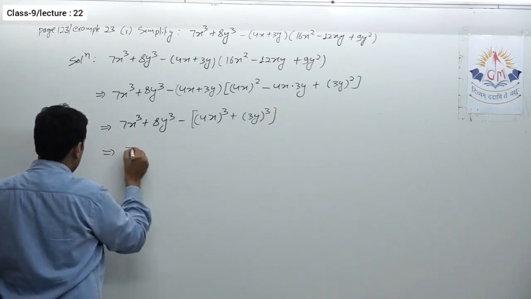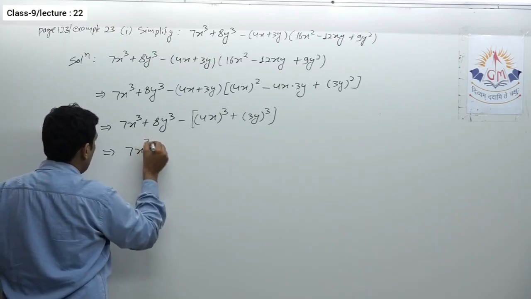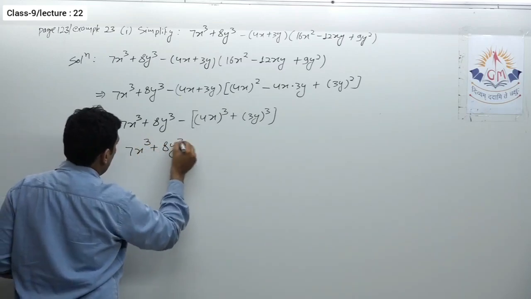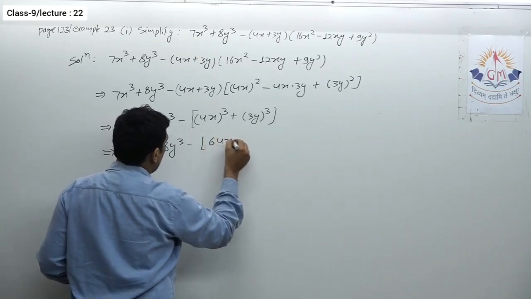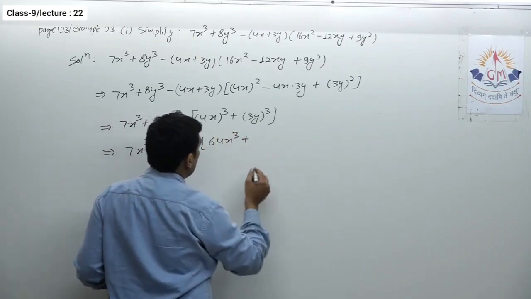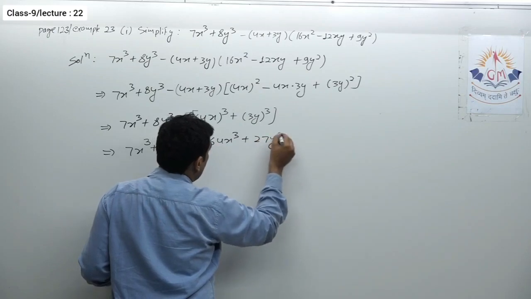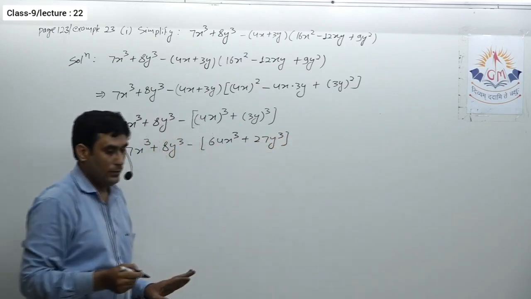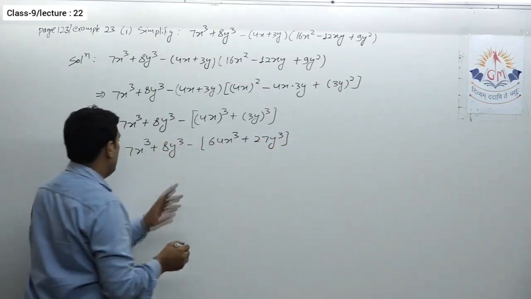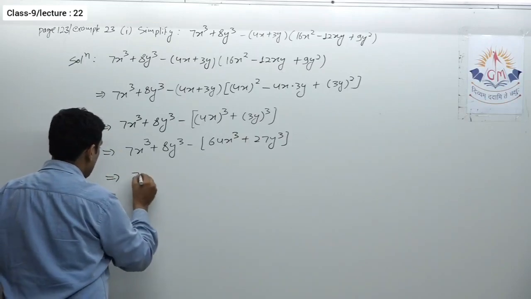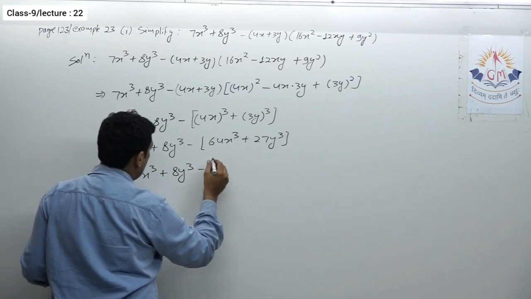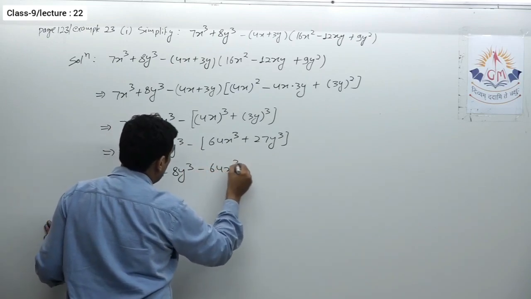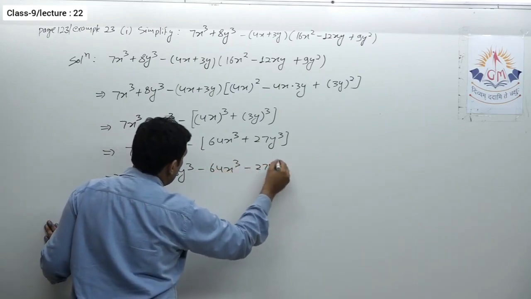Now this definitely is going to be same as it is, and over here this 4x cube is 64x cube, and this 3y whole cube is 27y cube. Okay, now we'll open the bracket. So 7x cube plus 8y cube minus 64x cube minus 27y cube.